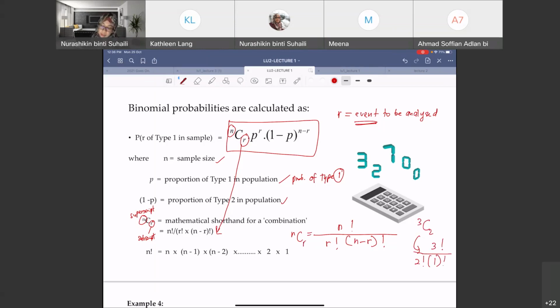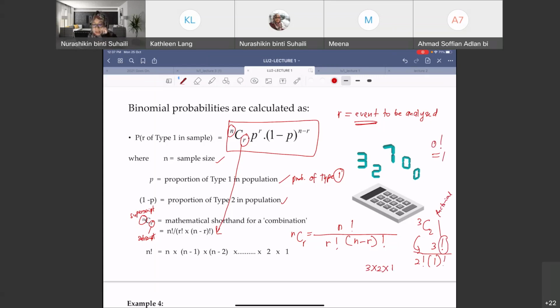And you also have to know certain values of factorial. Let's say 0 factorial means 1. And what does factorial mean? I hope you will still remember. When we say 3 factorial, it means 3 times 2 times 1.